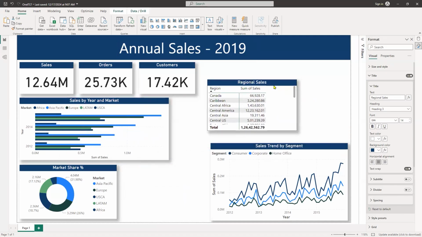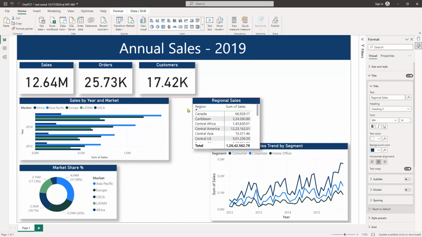Actually, it's an important table, so that's why I'm planning to place it somewhere.